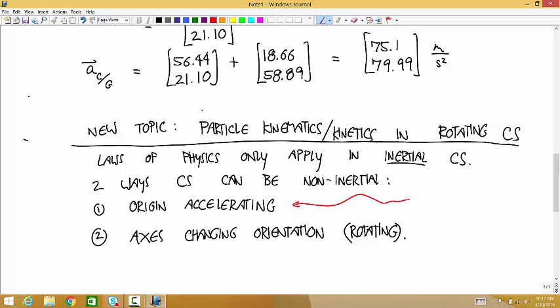This one we've dealt with a bunch in this class already, and in Physics 1 you dealt with it some too. If we know the way that the origin of our coordinate system is accelerating, and we're given measurements in this accelerating coordinate system, we can deal with that just with relative motion. So we know how to do that.